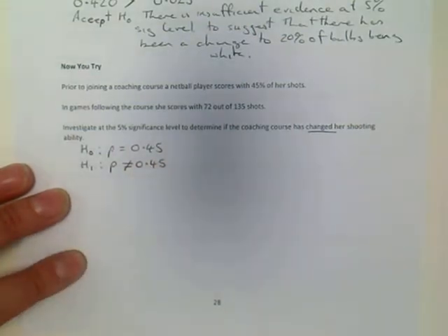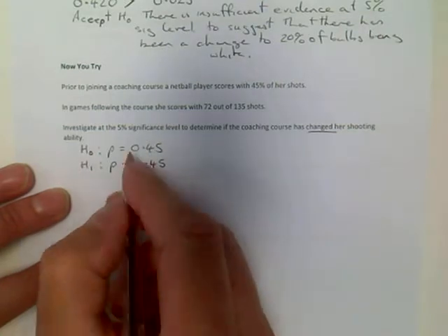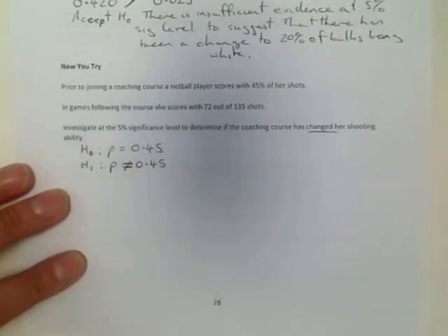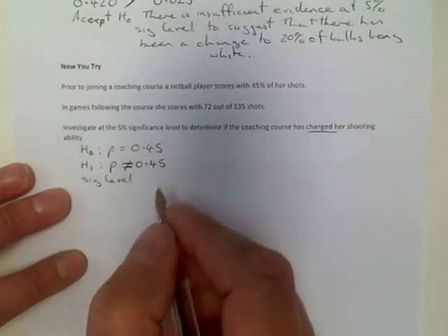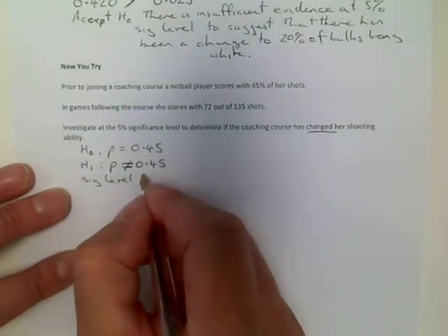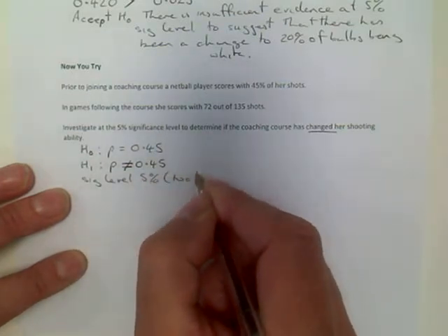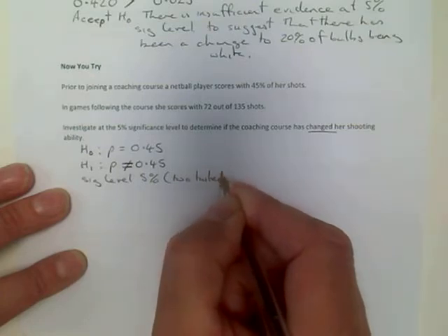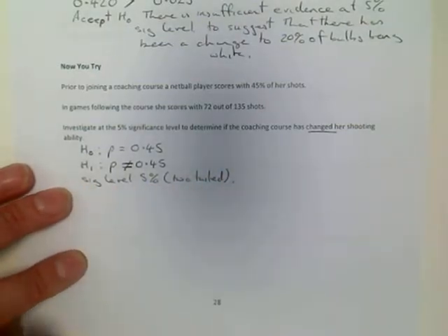So it is a not equal to. And that immediately triggers the fact that we are going to be doing a two-tail test. It's not a greater than, it's not a less than. So I'm going to state that here. This is very much about organising my thinking and making sure I don't make a mistake. I've written significance of 5% and two-tailed.